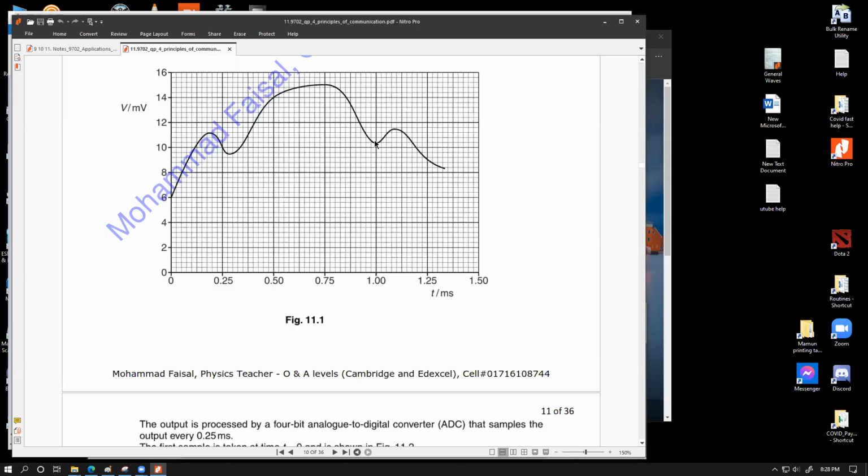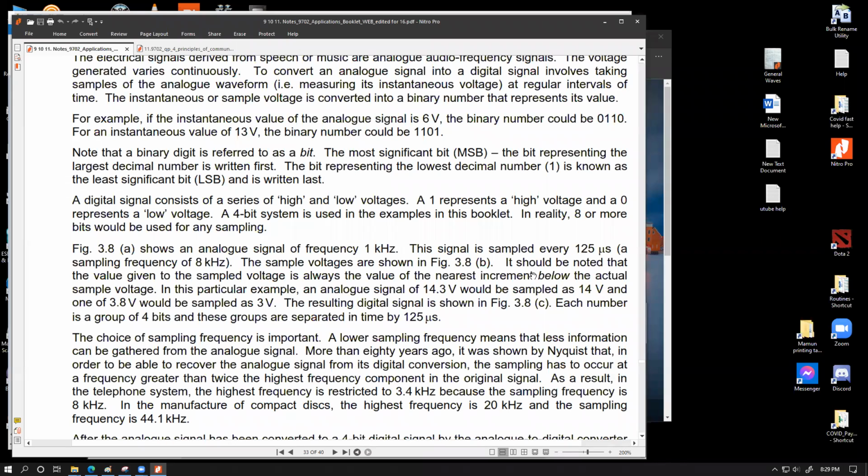Now the question is, between this 10 and 11, which one should be our designated sampled voltage value? Do we go for 11 or do we go for 10? This is exactly where this sentence comes into play. Have a read. It should be noted that the value given to the sample voltage is always the value to the nearest increment below the actual sample voltage.